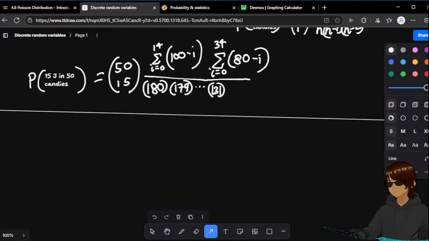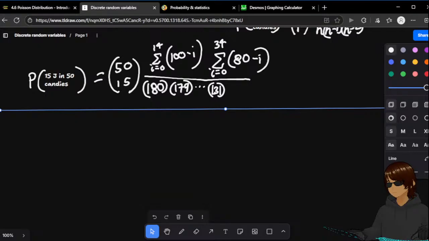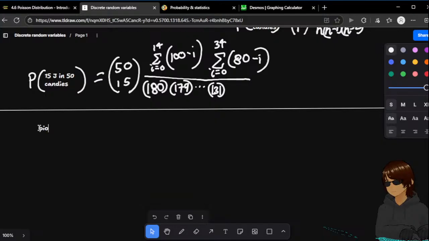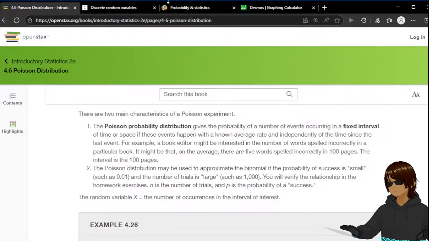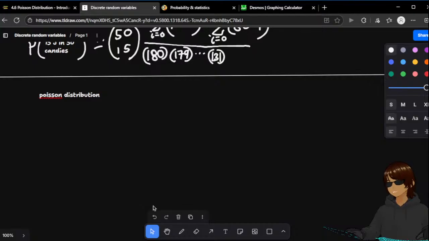So Poisson distribution. You spell it like this. Poisson. Now, in a Poisson distribution, mu is known.